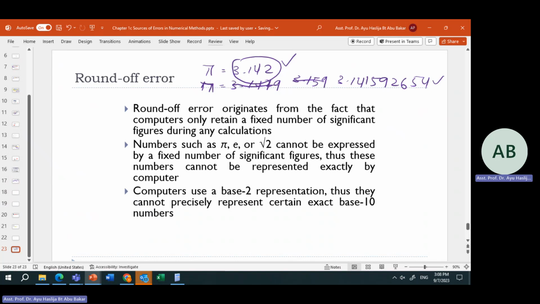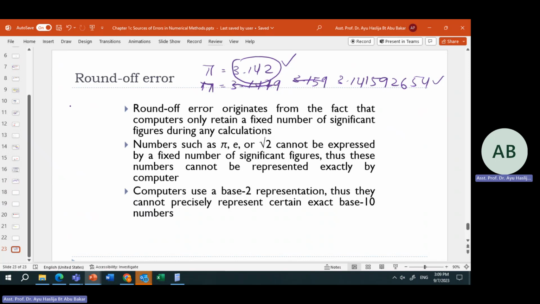Let's say the price is 3.17, 3 ringgit 0.17. So how much should you pay? 3.2, right? The cashier will round off to 3.2. The system will round off to 3.2. So in actual percentage, they have a few cents more. If it accumulates, you get more. That is round off error.